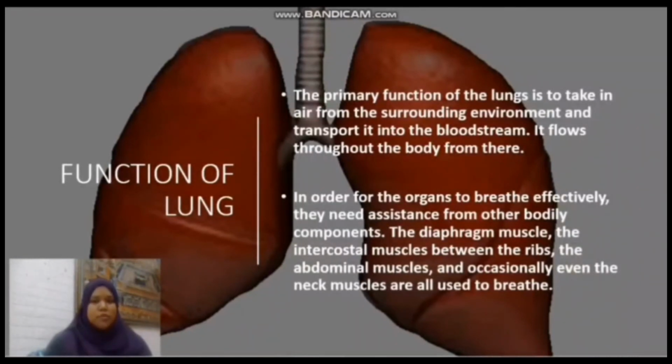It flows throughout the body from there. In order for the organ to breathe effectively, it needs assistance from other bodily components. The diaphragm muscle, the intercostal muscles between the ribs, the abdominal muscles, and occasionally even the neck muscles are all used to breathe.